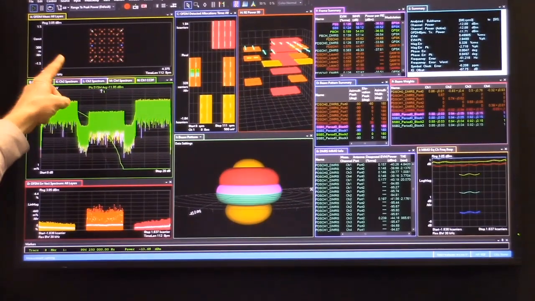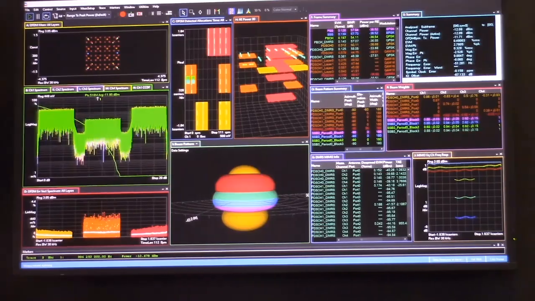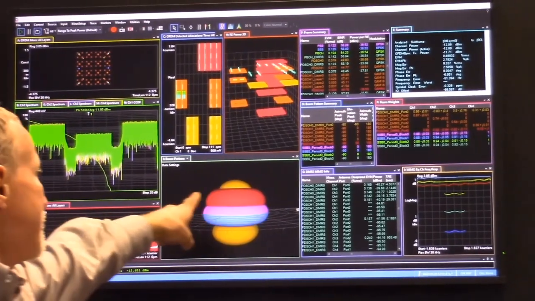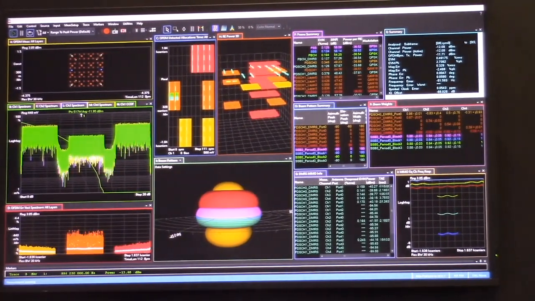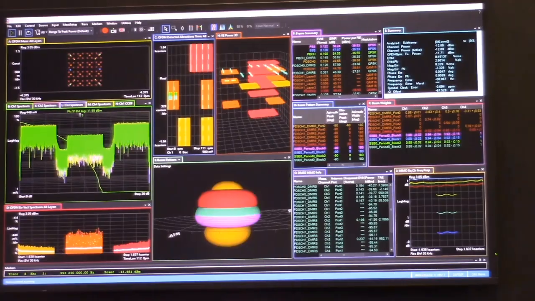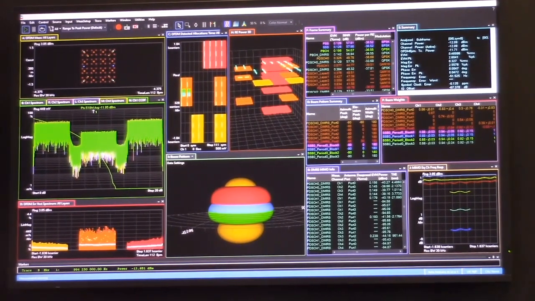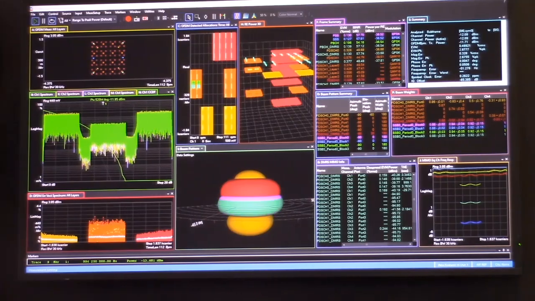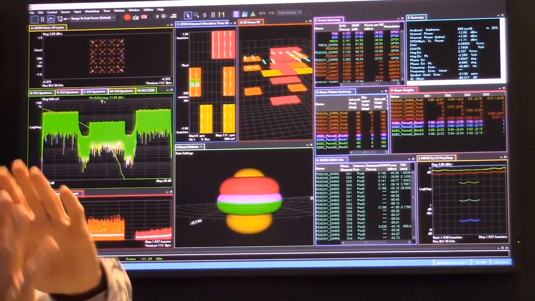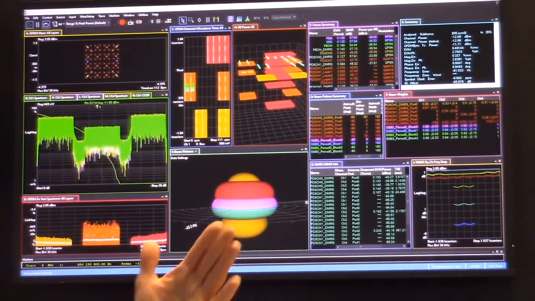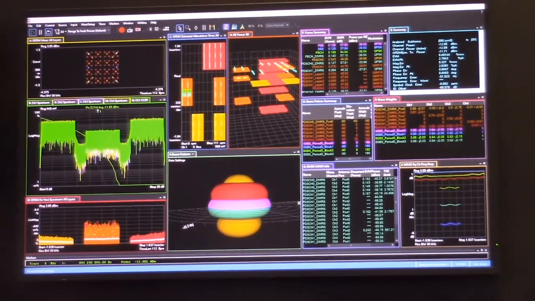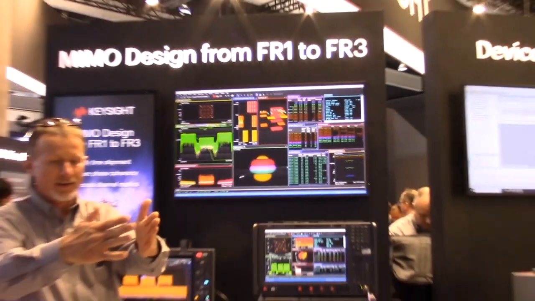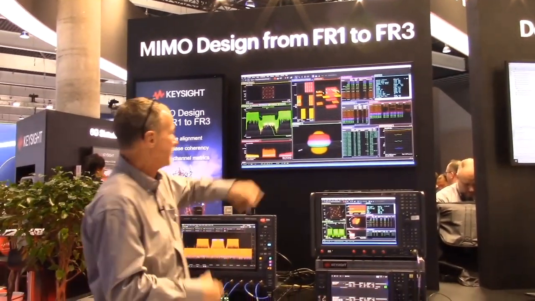We see the constellation diagram with all of the different users together. And down here, we see the composite beam pattern resulting from those users. Since we only have 4 elements in this simulation, the beam pattern is quite broad, but if we had more elements, obviously, we would have a narrower beam pattern, as you might be expecting.